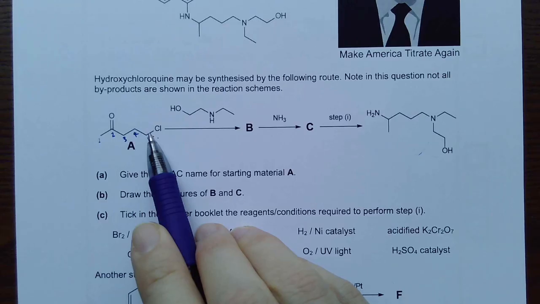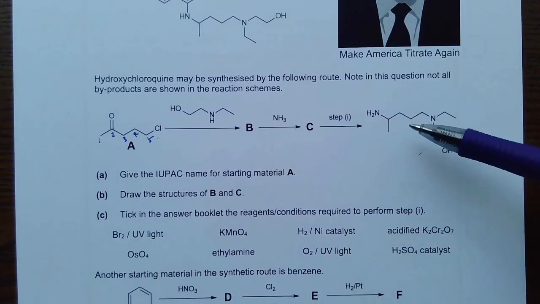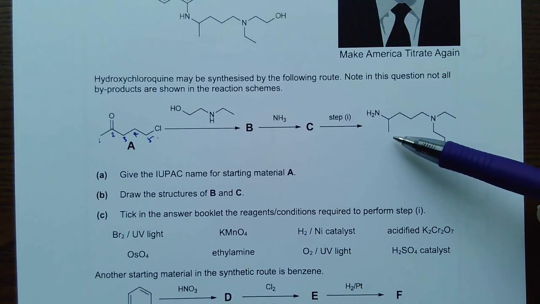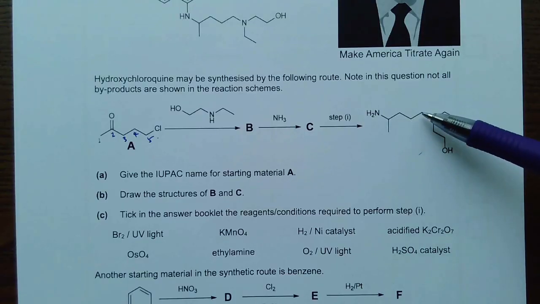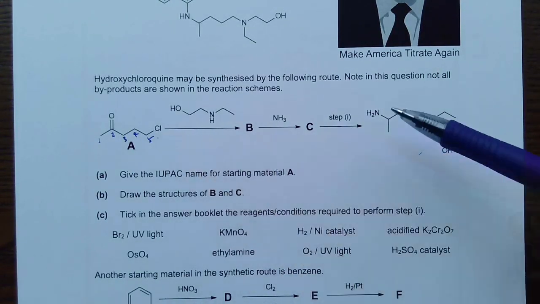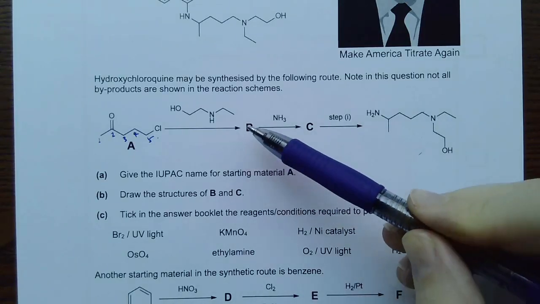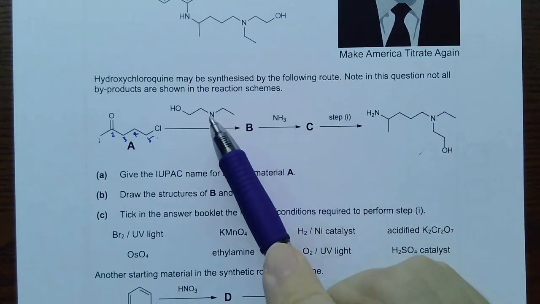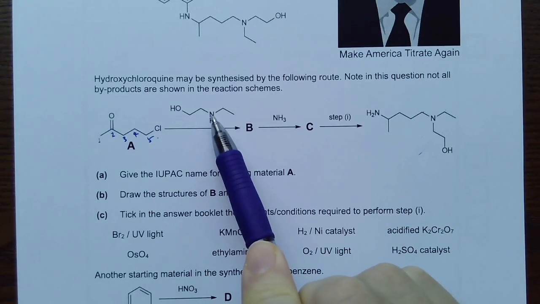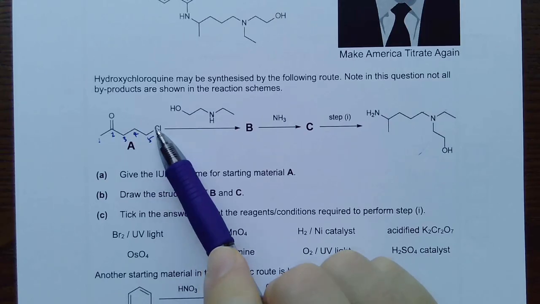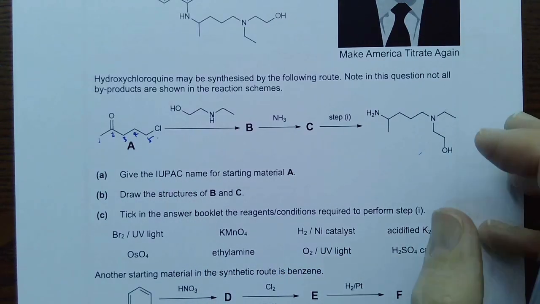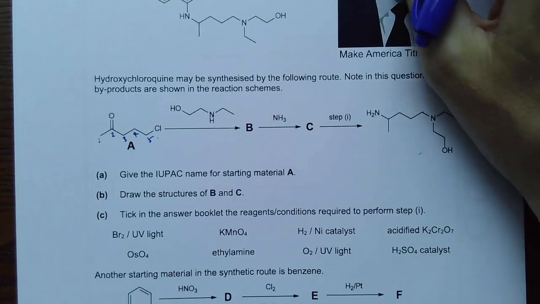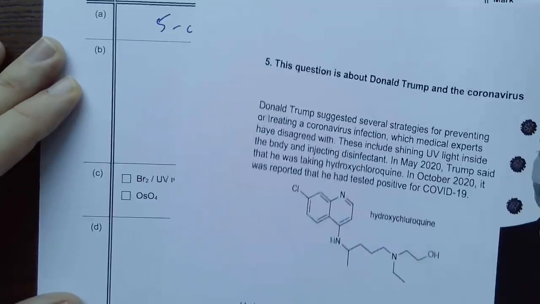I'm still going to have my 1, 2, 3, 4, 5 carbon chain, but then I'm replacing the chlorine with this, because you see I've also got the ethyl group over here. So it's just a straight swap for this molecule of the nitrogen onto the 5-carbon, removing the chlorine. That's just a simple substitution reaction. Nothing too tricky there.